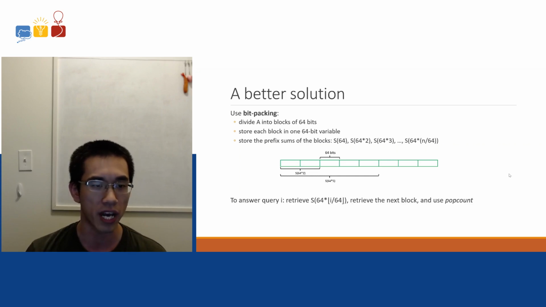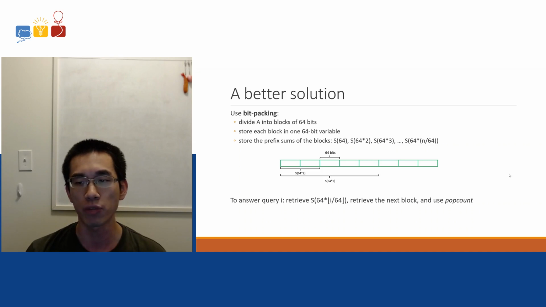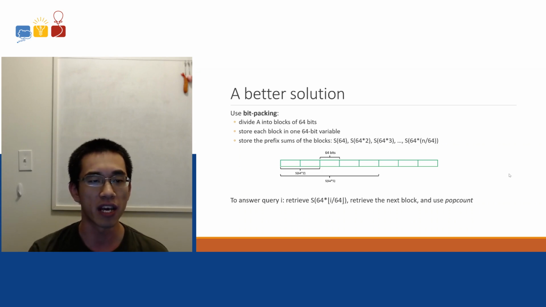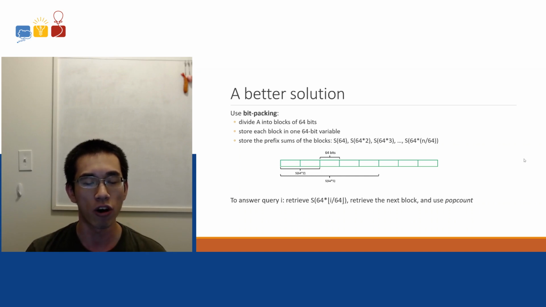To answer our query i, we first find which block contains this query, and then we retrieve from the data structure the number of ones in all its preceding blocks, which is one entry that we store. Then we retrieve the block that contains this query i, and we use pop count to count the number of ones preceding i within this block.